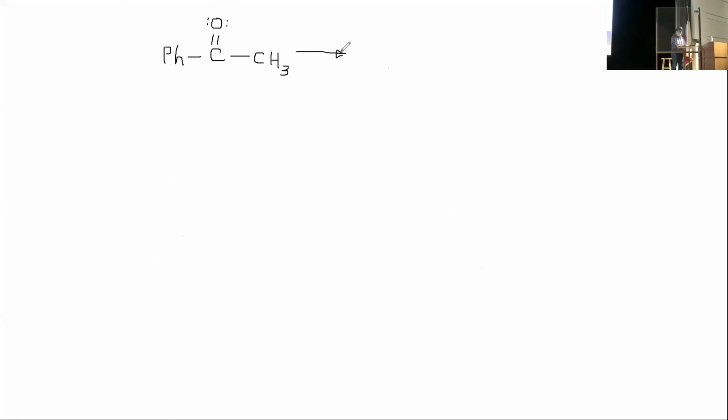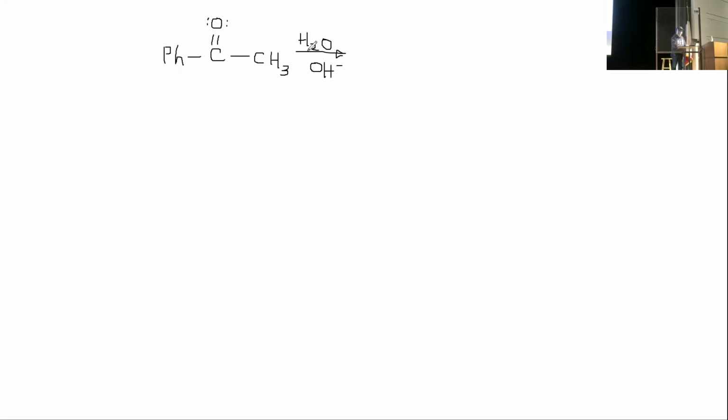Now, I should mention, this could say H2O and OH minus, but be prepared, instead of saying OH minus, they might say NaOH or KOH. Well, those are the same thing, right? Those are ionic species, and the alkali metal ion, the Na plus or the K plus, is just a spectator ion.